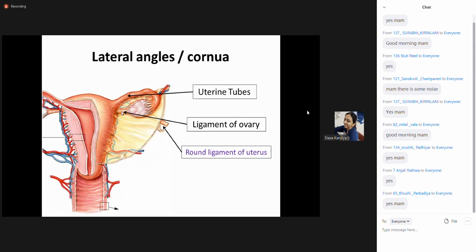So by seeing the arrangement of structures at the lateral cornu, you can determine which is the anterior surface and which is the posterior surface of the uterus, and you can also determine the anatomical position of the uterus. So uppermost is the uterine tube, keep it superiorly; in front of uterine tube, round ligament of uterus. Below and behind the uterine tube, there is ligament of ovary as well as ovary. So keep the ovary posteriorly. Okay.